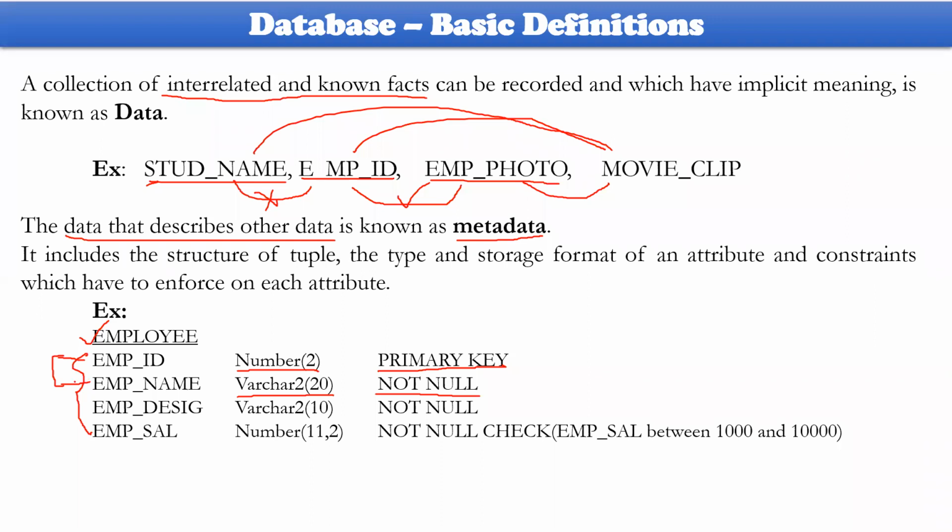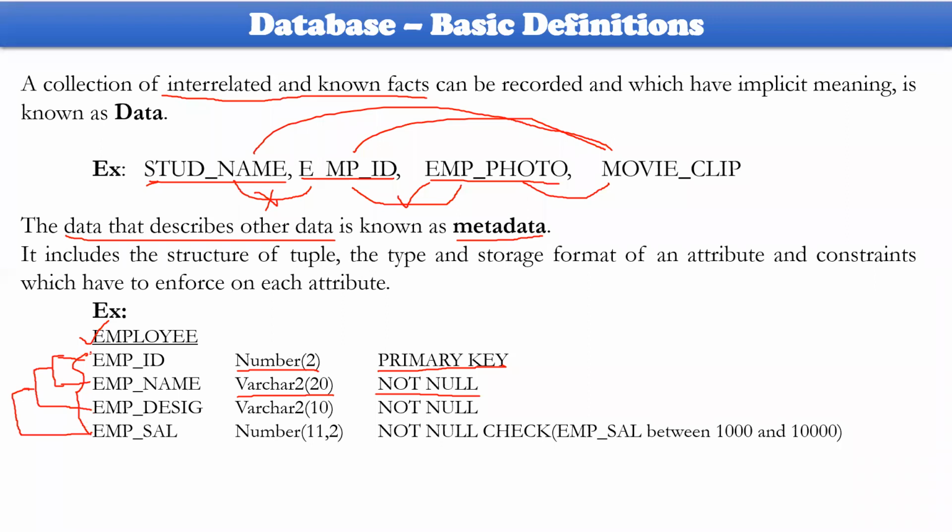And employee ID and employee name have an interrelation between these two. And every employee also has a designation, and every employee also has a salary. While he is working, he may get some kind of salary.